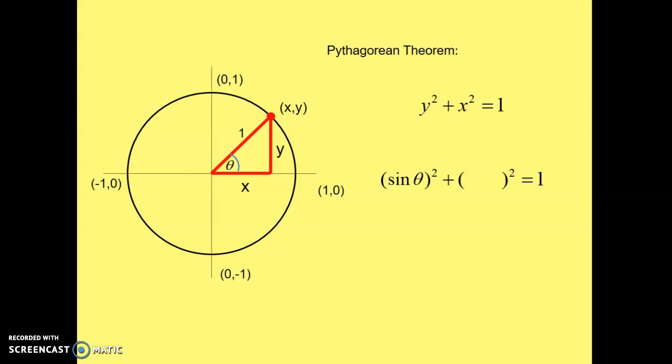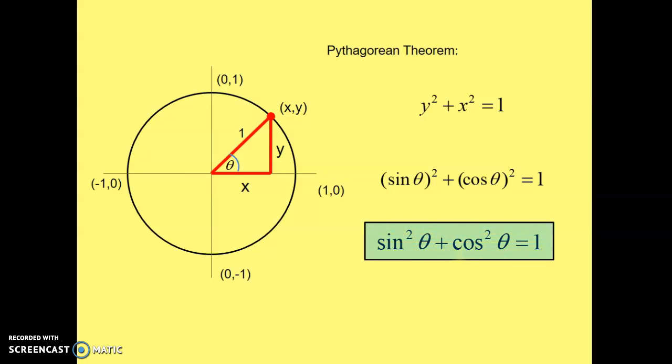Y would be sine, and x would be cosine. So we have a new trig identity. Sine squared of theta plus cosine squared of theta is going to equal 1. This is another important trig identity that you're going to have to remember and use in the next topic after the unit circle. But this is where we get it from, so we wanted to put it in here.